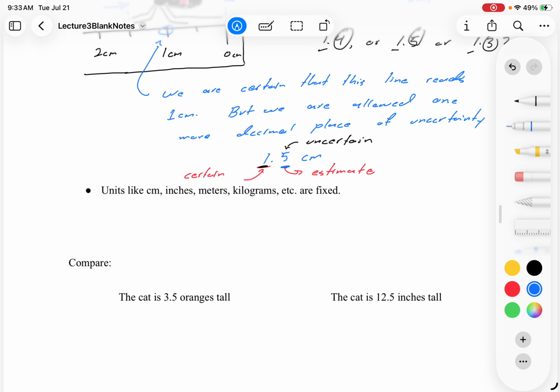So basically, we use them to quantify physical properties.